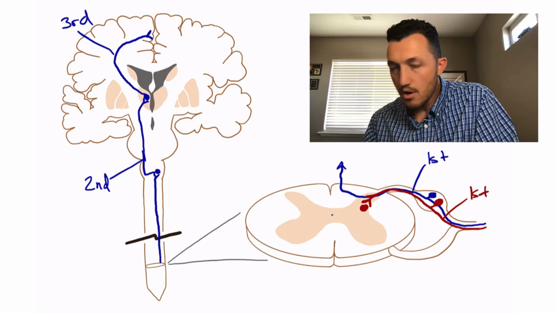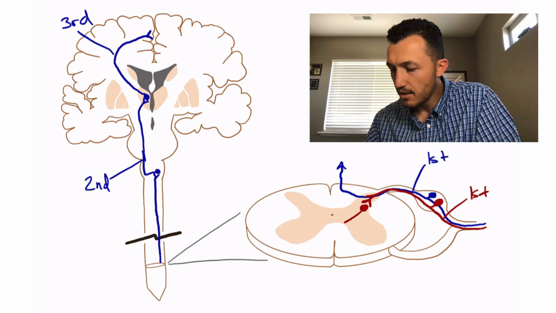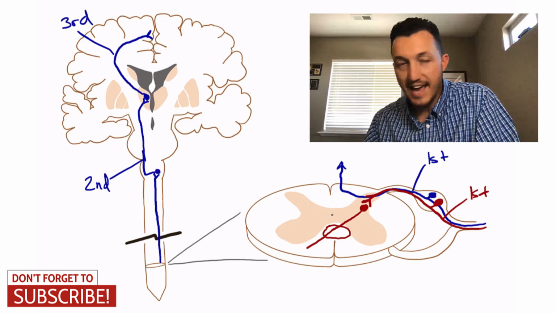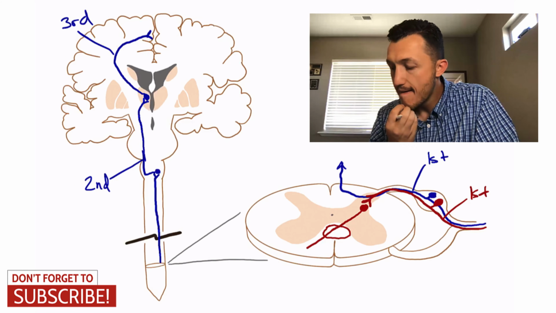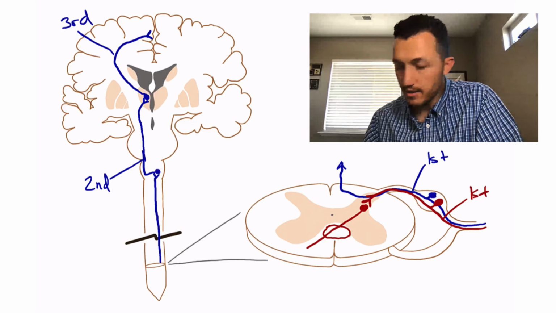That second order neuron at that same spinal level is going to immediately decussate through this little white matter pathway right there, which happens to be called, this little white area here is the anterior white commissure. And notice it's anterior to the gray matter at that level.